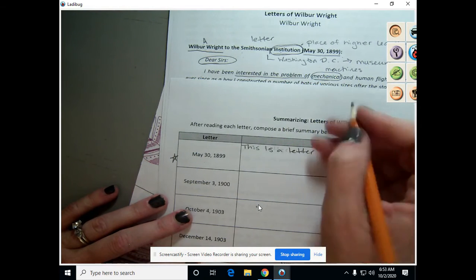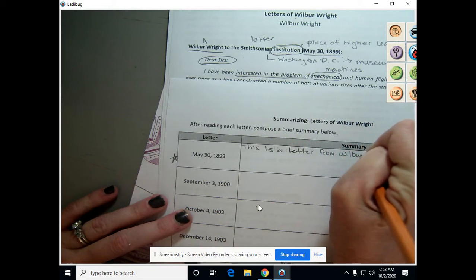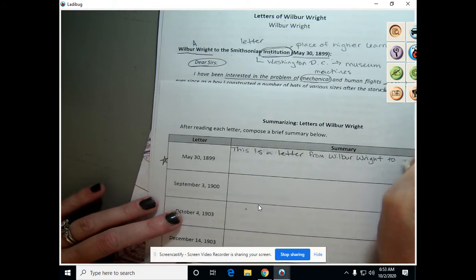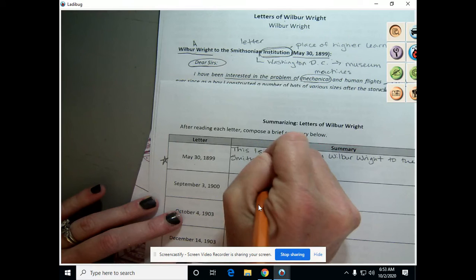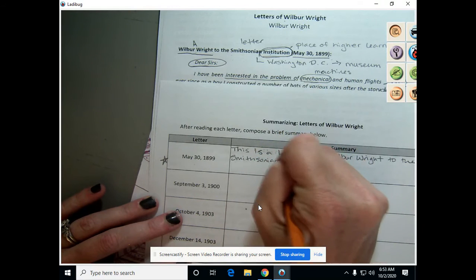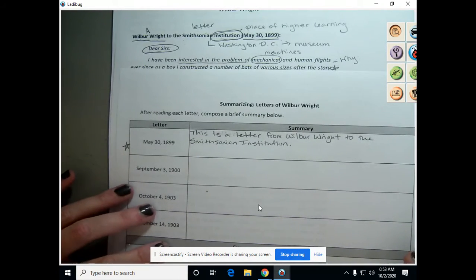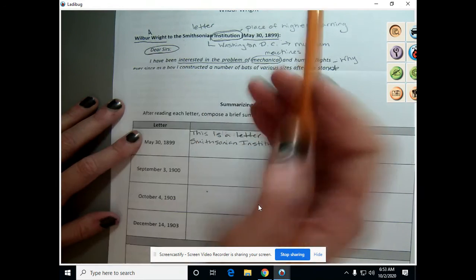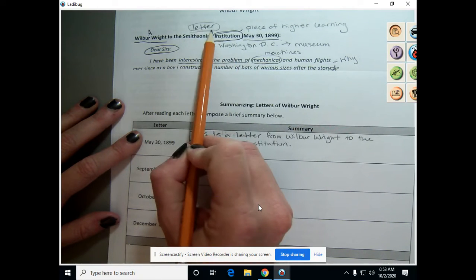So this is a letter from Wilbur Wright to the Smithsonian Institution. And right there we've identified who's writing it, who he's writing to, and what type of text this is.